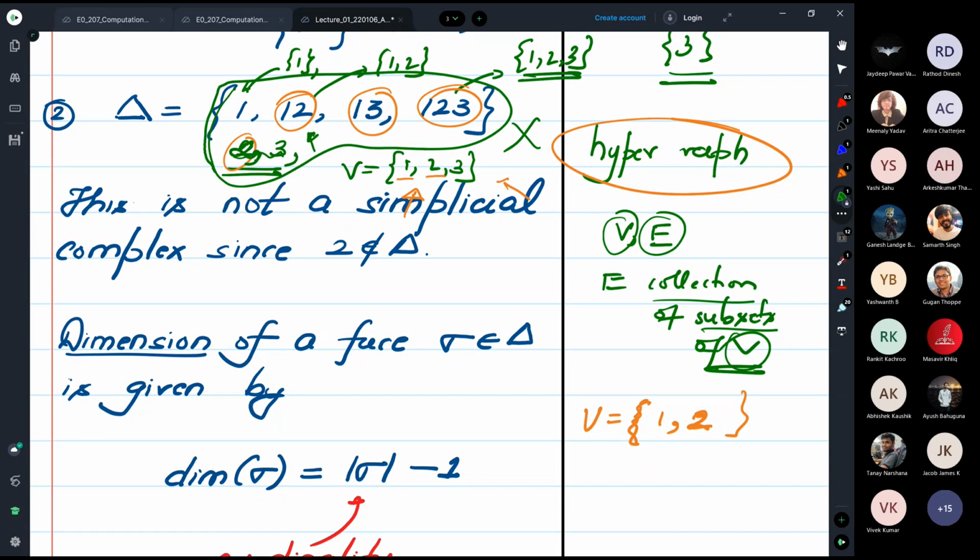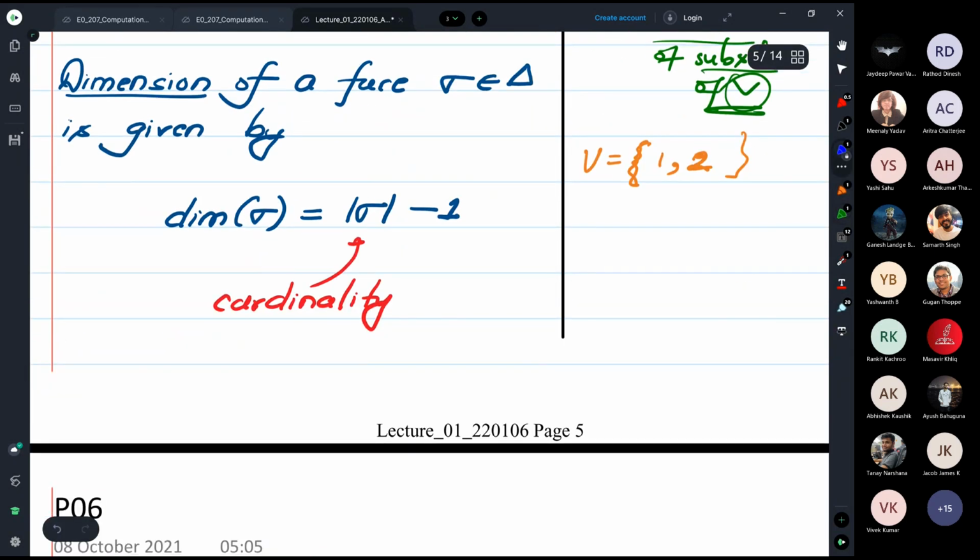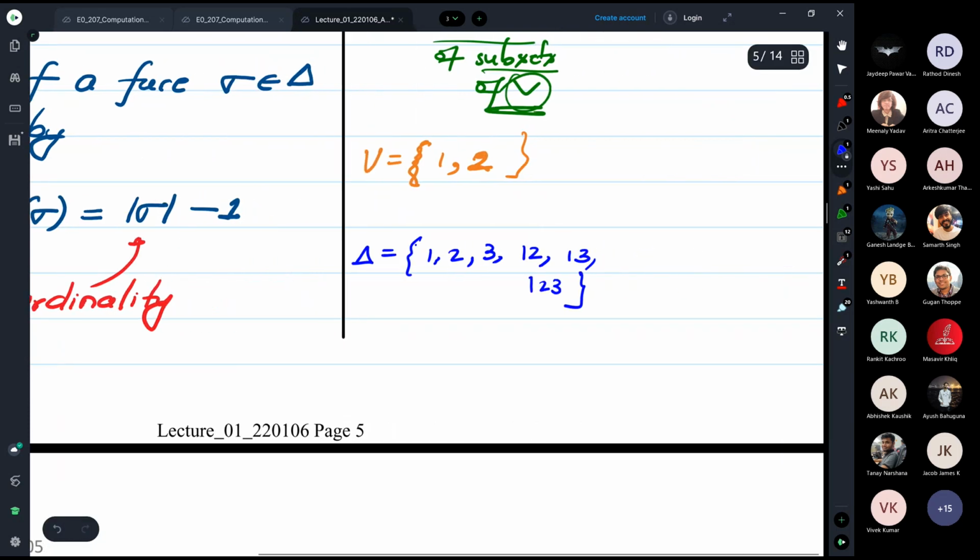From here I can just see that 1, 2, and 3 are the vertices, right? I am not getting what you're saying. So let me just write it. Yes, Neha, you had a point. I think previously you mentioned that in brackets 1, 2, and 3, these are the vertex set.